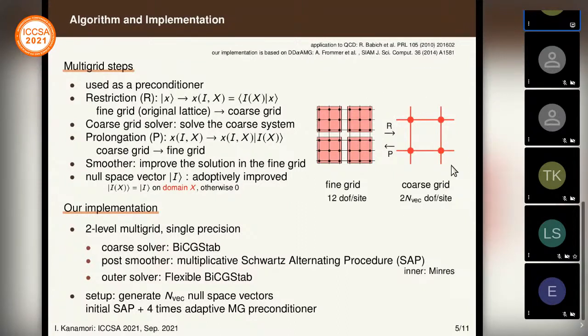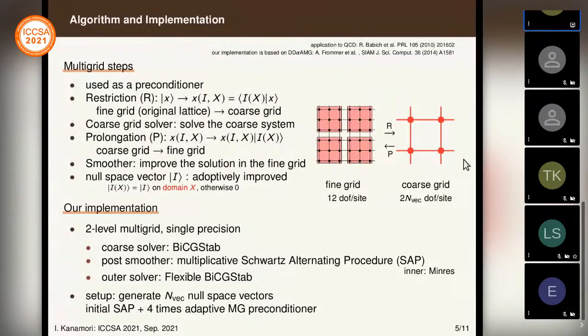This coarse grid system has smaller degrees of freedom, and then we can solve this coarse grid system. Then the solution is prolonged to the original fine grid lattice. Since the coarse grid cannot capture the high frequency mode of the original fine grid system, we need to solve the high frequency part by applying another solver called a smoother.